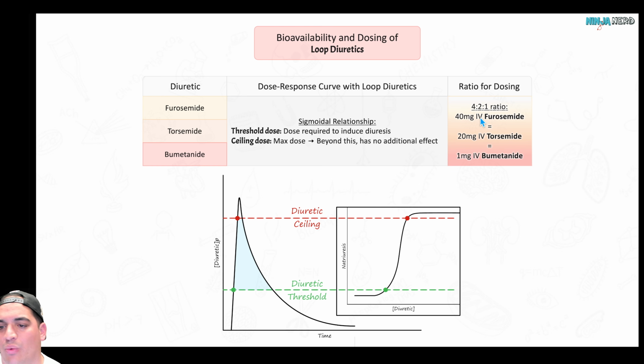So remember that the ratio between IV to PO is that for every one of the IV, you would need 2 times that for the PO version. All right, just because of the bioavailability: as it gets ingested, absorbed, and metabolized by the liver, you really reduce that, and it only has about 50% bioavailability, which is really important to remember.